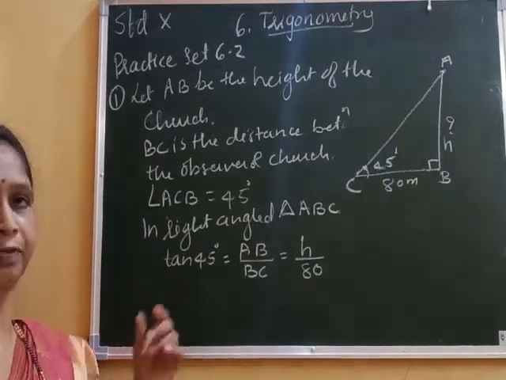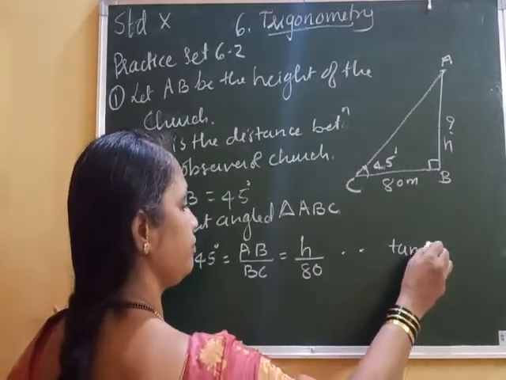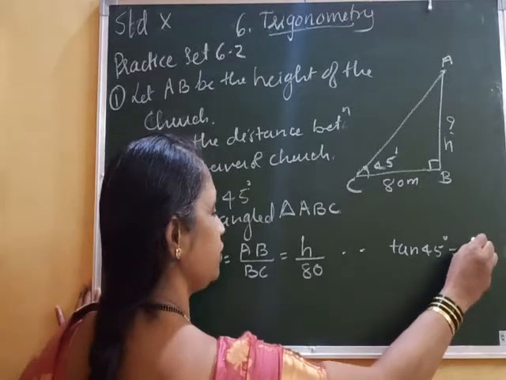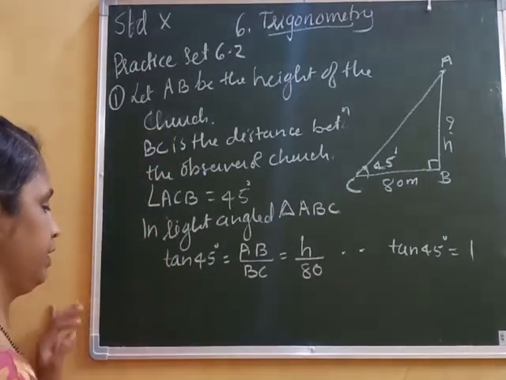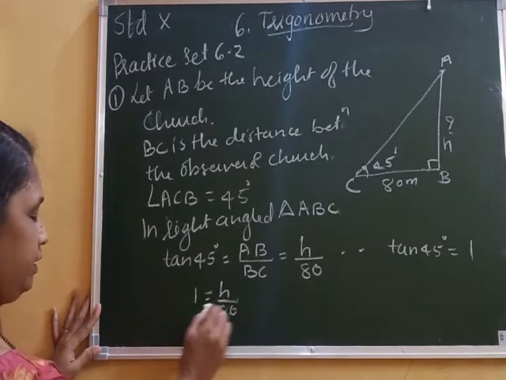Now we know tan 45 is what? Tan 45 degree is equal to 1. So 1 is equal to h upon 80.